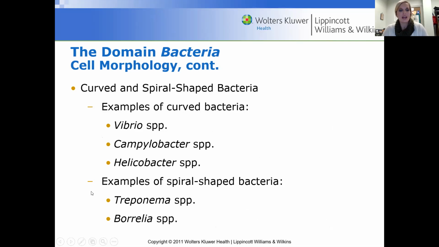Okay. And then when it comes to your curved and spiral shaped bacteria, you've got your examples of curved shaped, so your Vibrio and your Campylobacter. Typically these are food-based infections. Campylobacter is typically just food poisoning. But the most common one that you will probably come across is Helicobacter.